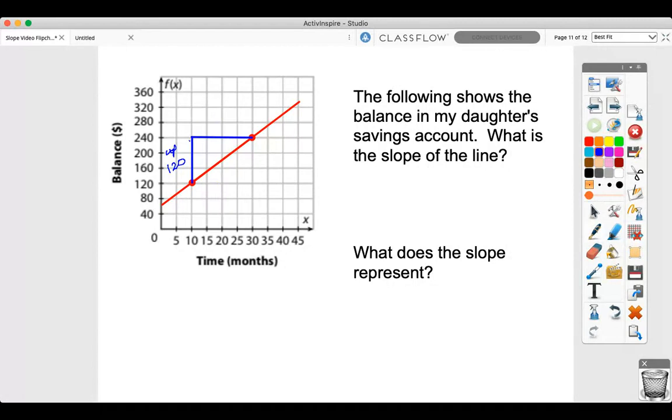And then here, we went to the right. Each square looks like it's worth 5, so 5, 10, 15, 20. So we went to the right $20.